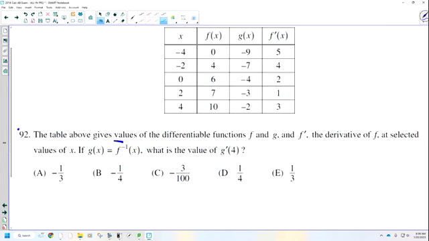So what is the value of g prime of 4? Isn't g really the inverse of f? So if I want the derivative of g, I want the derivative of the inverse of f at 4.